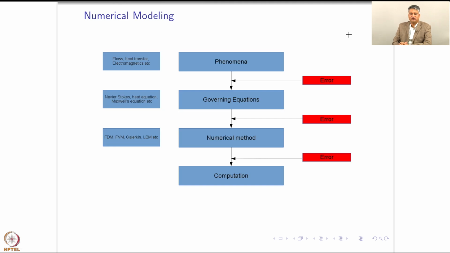So we have error which comes in at the phenomena, wherever the phenomena is. When we write down the governing equation, we introduce an error. Then when we take the governing equation and convert it into a numerical method by approximating the derivatives, we introduce another error. And the last error we introduce is while doing the compute.